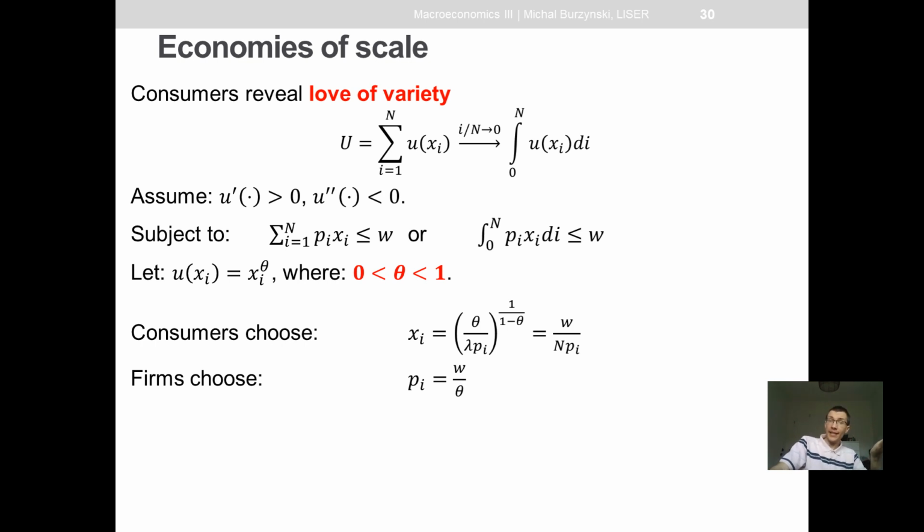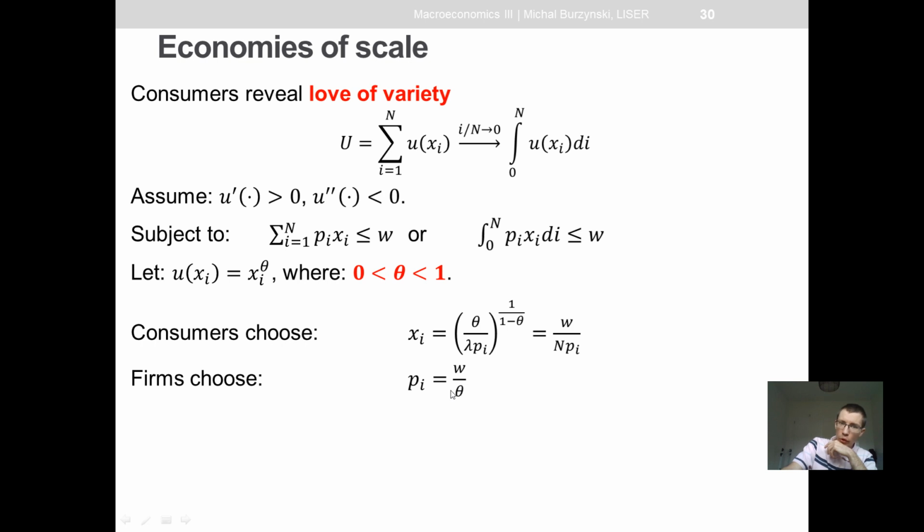But now when theta is below 1, and if it goes to 0 in the extreme, when products are really differentiated from each other, they are imperfect substitutes, even complements. People want to consume different varieties of the consumption good. Now look what's happening with the prices set by firms. Well, the prices are way higher than the unit costs.